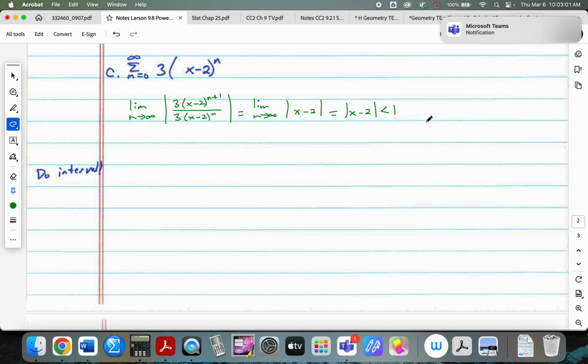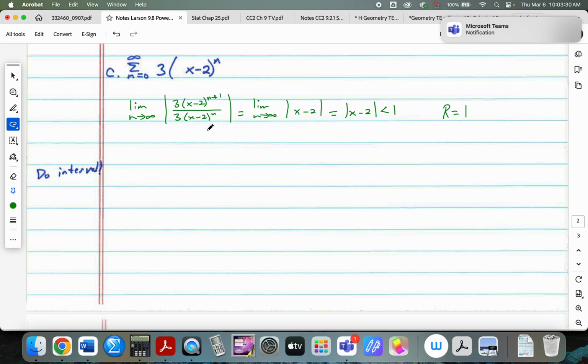Some people like to actually solve that by writing two separate equations. Some people just go, all right, well, this is centered at 2. And, well, this is my radius, right? I can go to 1 to either side of 2. So either way, we get the radius is equal to 1.